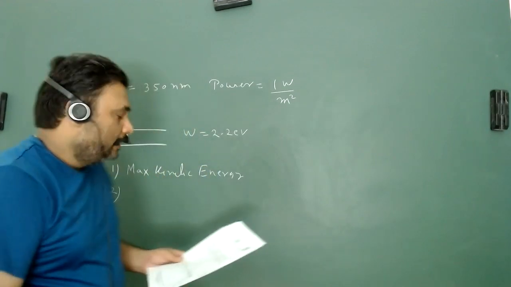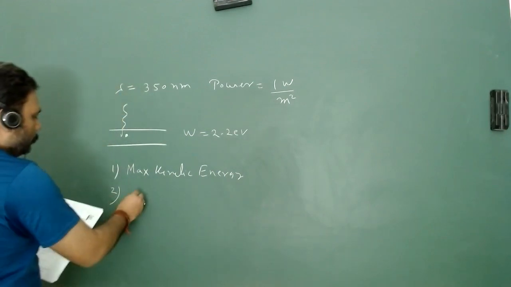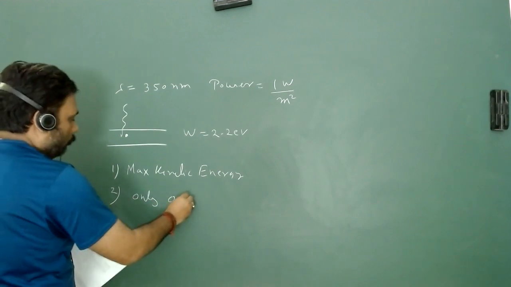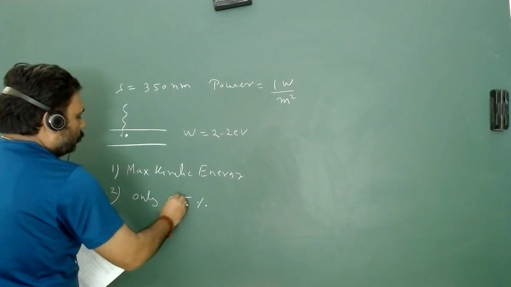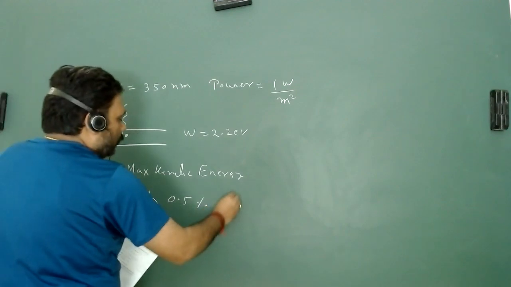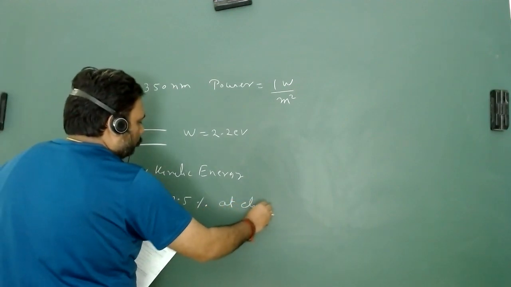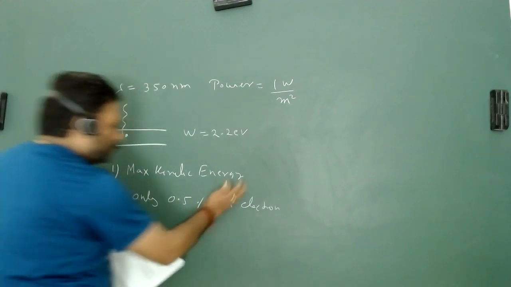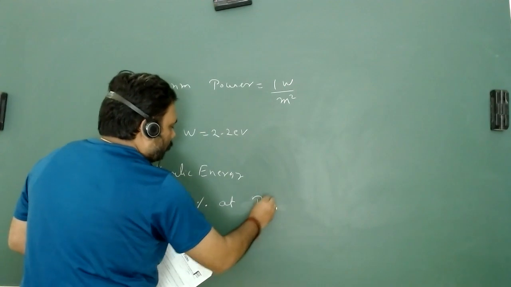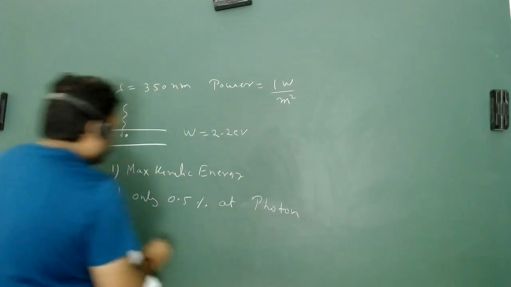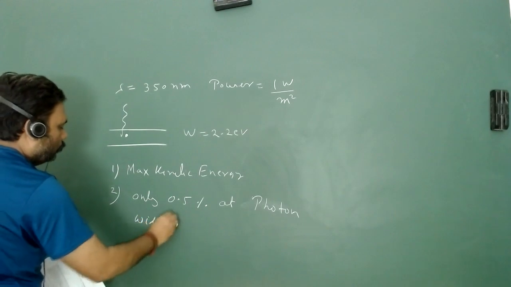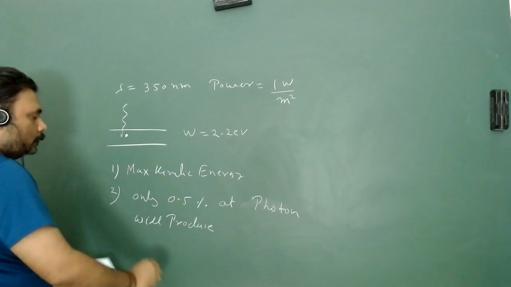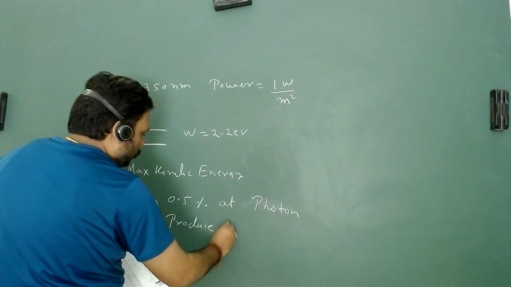It is given that only 0.5% of photons, sorry, 0.5% of photon will produce a photoelectron.